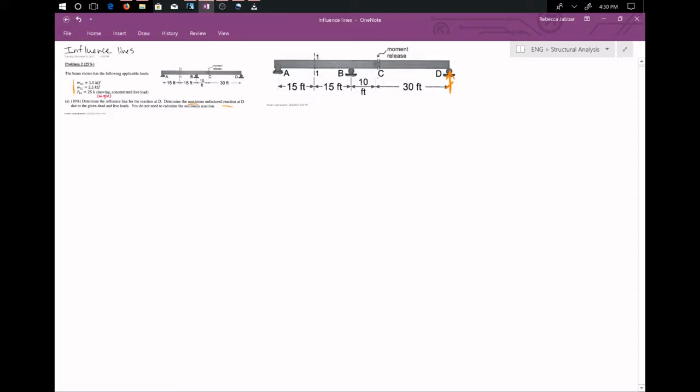So first we're going to create our influence lines, and then we'll apply our loads. The dead load, which is that 1.5, will be the whole span of the beam. The live load, because we want the maximum, it's not like a whole picture view, which is generally what we want to use influence lines for, because we want the maximum reaction.